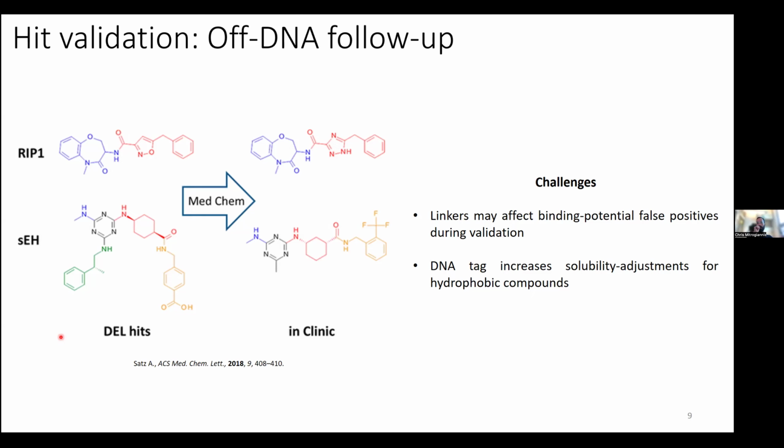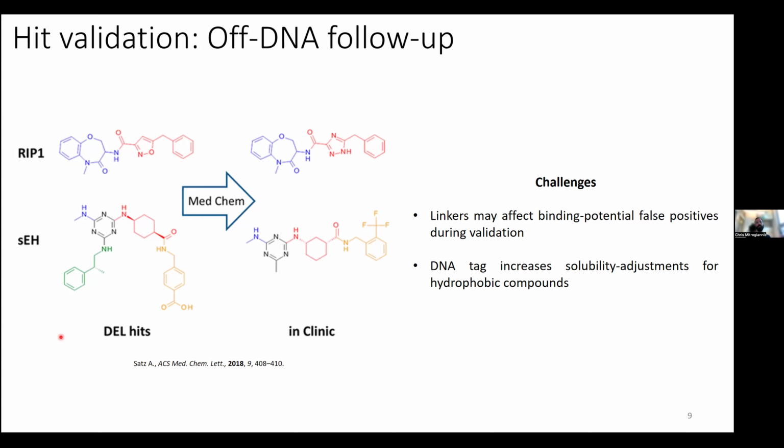And also, most of the times we need to do some adjustments in the structure of the molecule because the DNA tag is hydrophilic, so this means that it increases the solubility, and this most of the times is not happening with the small molecules based on the chemotype. So we need to do some modifications in the part of the small molecule that the DNA was attached before.